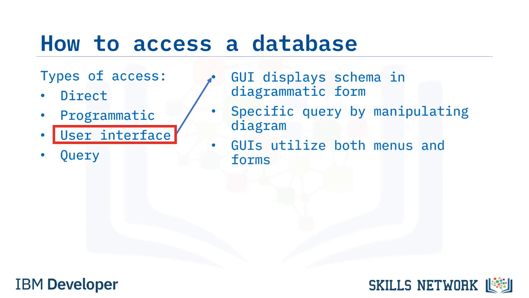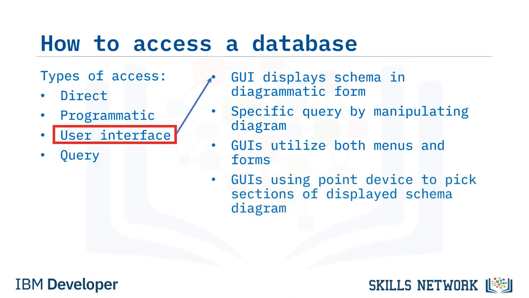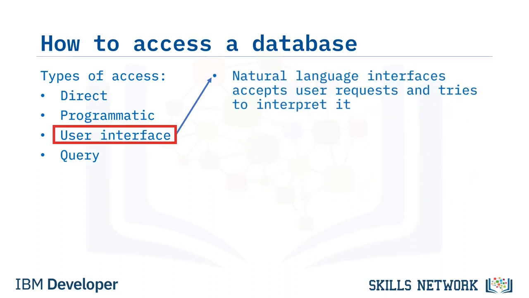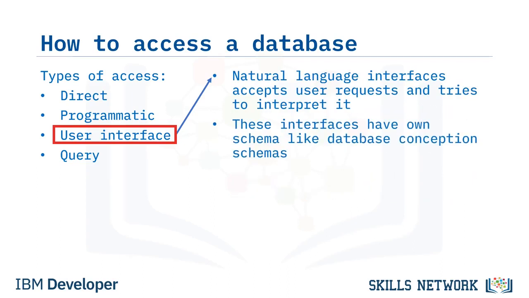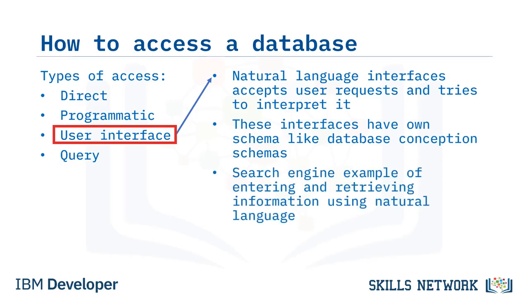GUIs utilize both menus and forms. Most GUIs use a pointing device, such as a mouse, to pick a certain part of the displayed schema diagram. And natural language interfaces have their own schema, like a database conceptual schema that accepts user requests and tries to interpret them. Search engines use a natural language interface to enter and retrieve information.